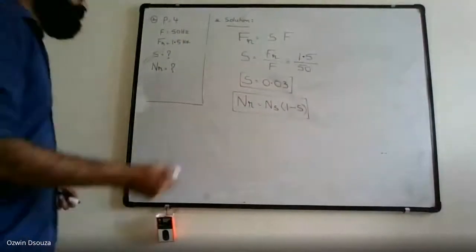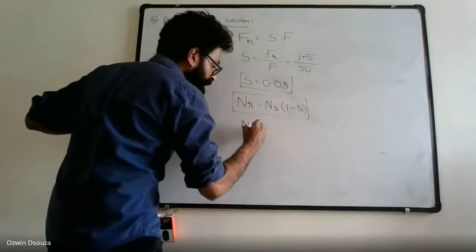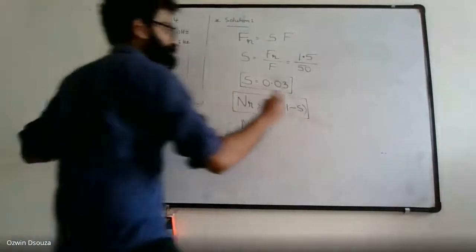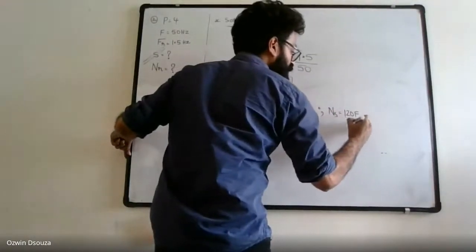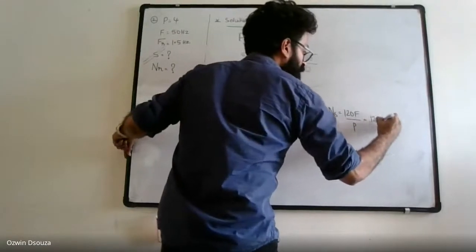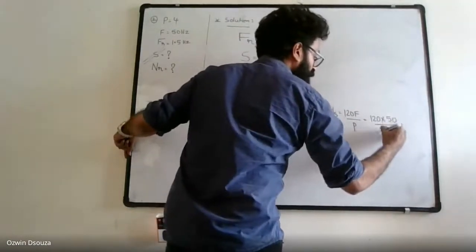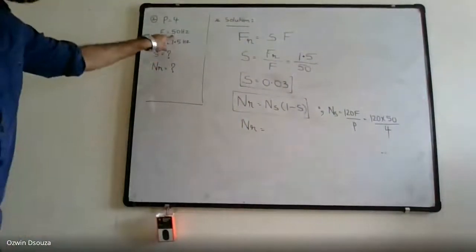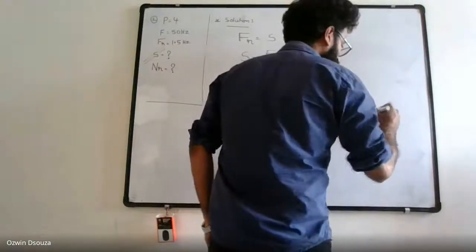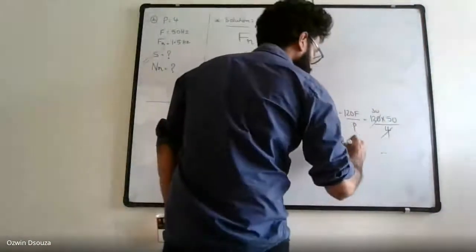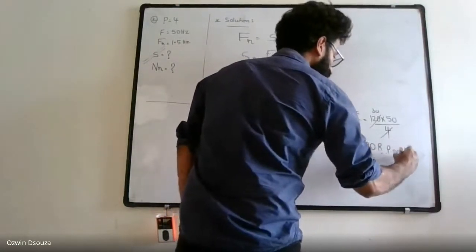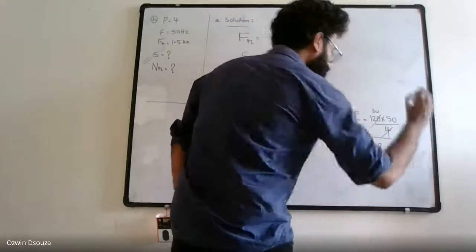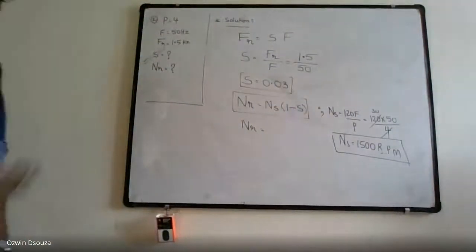So therefore, NR is equal to NS. What is NS? NS is 120 F divided by P, or 120 into 50 divided by 4. Frequency is 50 and number of poles are 4. So basically you will get NS as 1500 RPM.